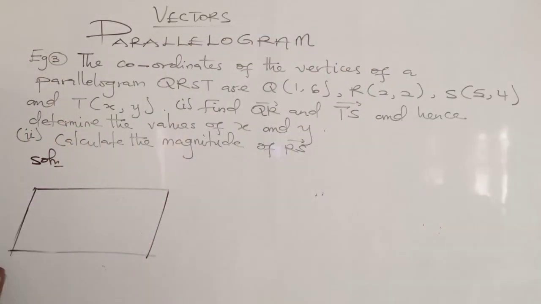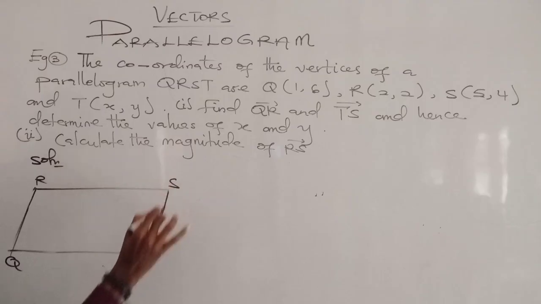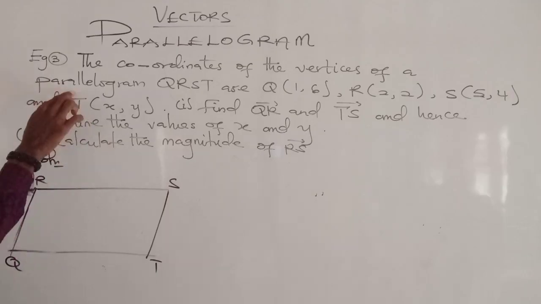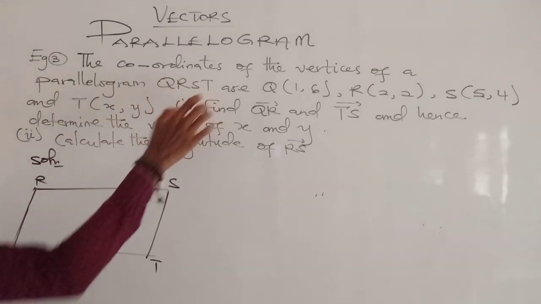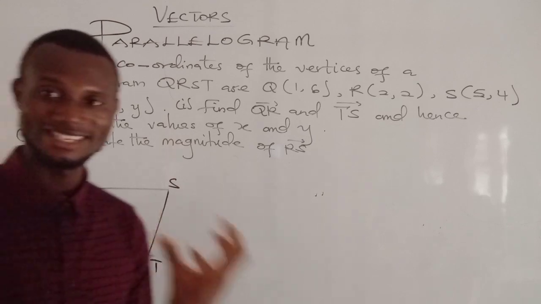I'll start from here and label this as Q, and here will be my R, and here will be my S, and here will be my T. I hope you understand up to this point. We're given the parallelogram QRST, so you label the vertices of the parallelogram as such.